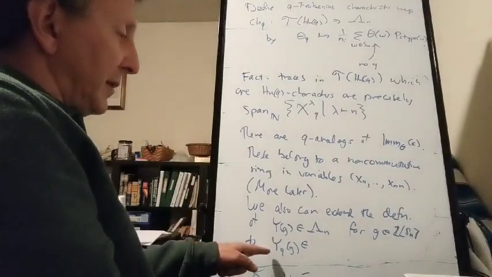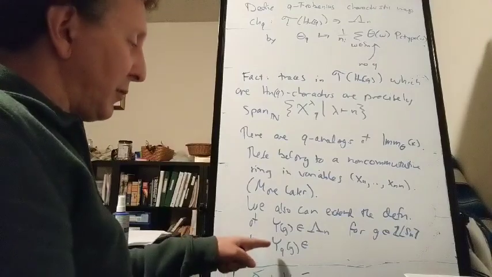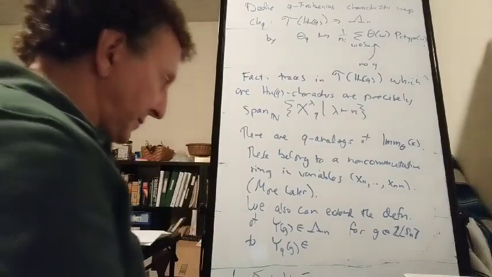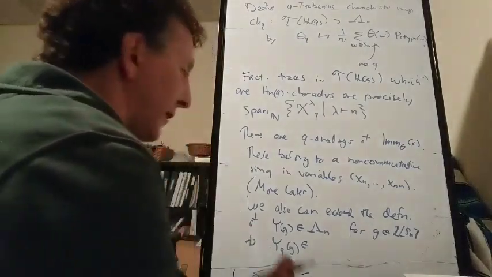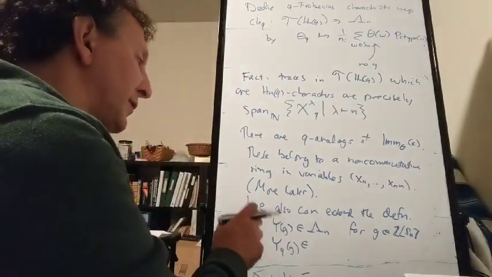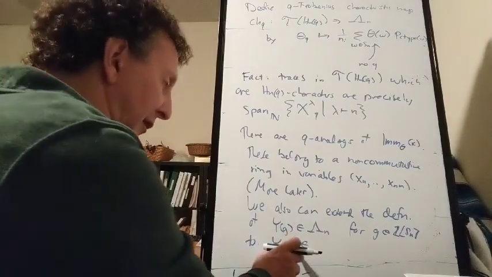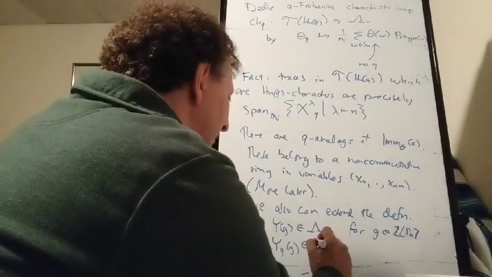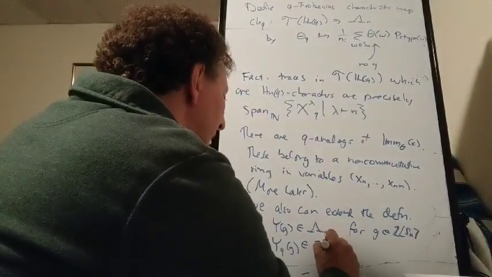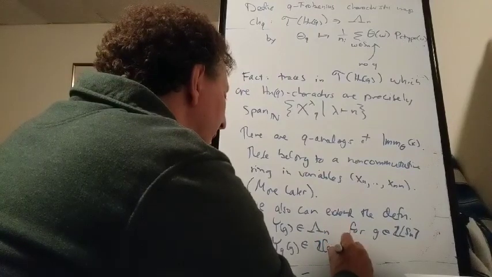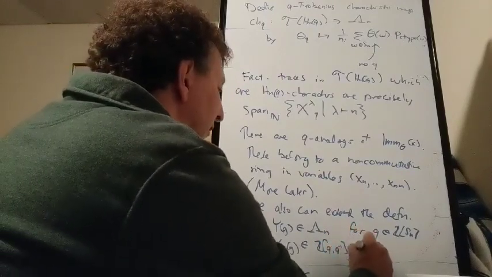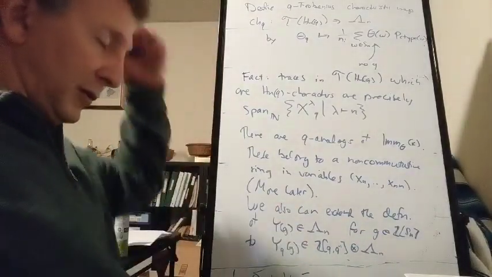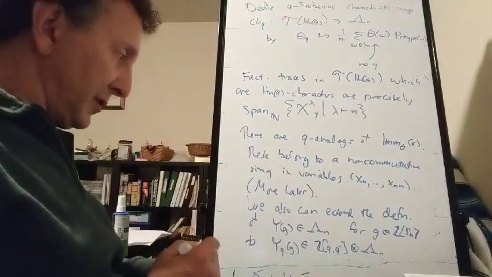Now we don't want this to be a group algebra with just integer coefficients because we want to remember character evaluations that might be polynomials in Q. They won't have any root Q or 1 over root Q's in them. The characters and traces are all going to give us polynomials in Q. So this is going to be a symmetric function with coefficients that are Laurent polynomials in Q with integer coefficients.